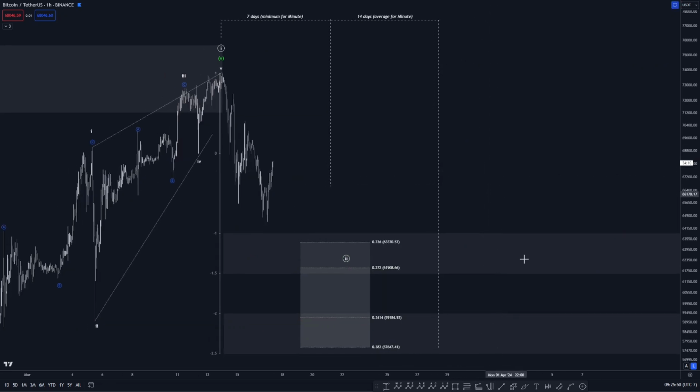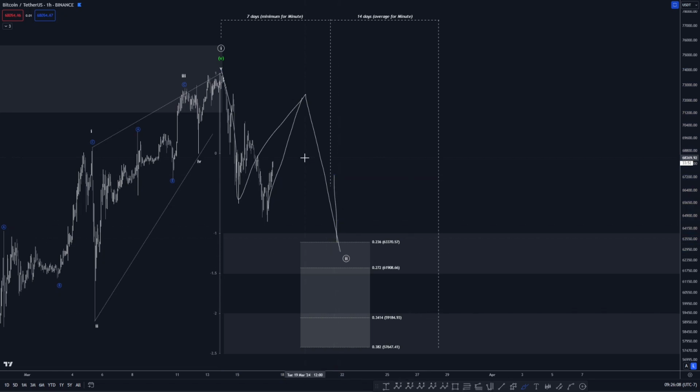Just to make this a little bit cleaner right here. So basically, we want to see the correction be like an A, B, C. It pretty much ends right here at this point.